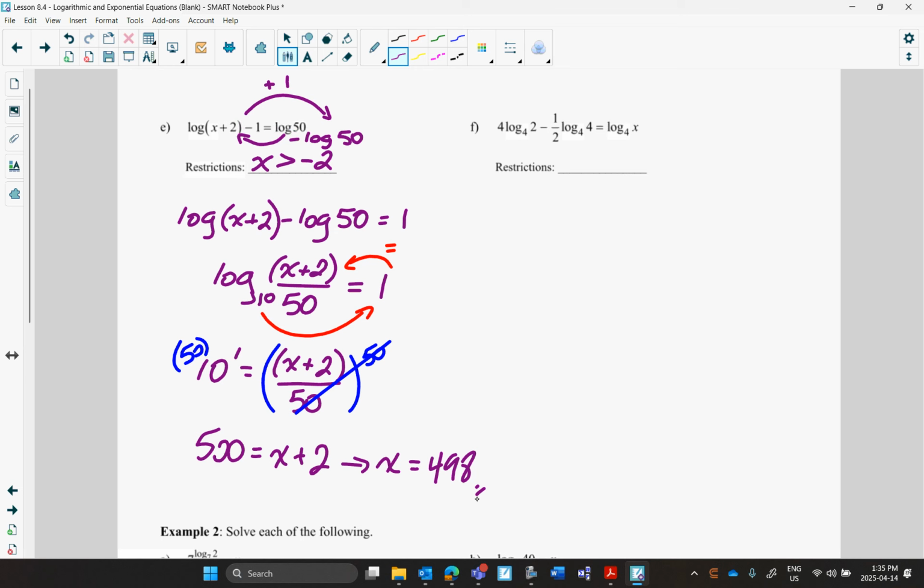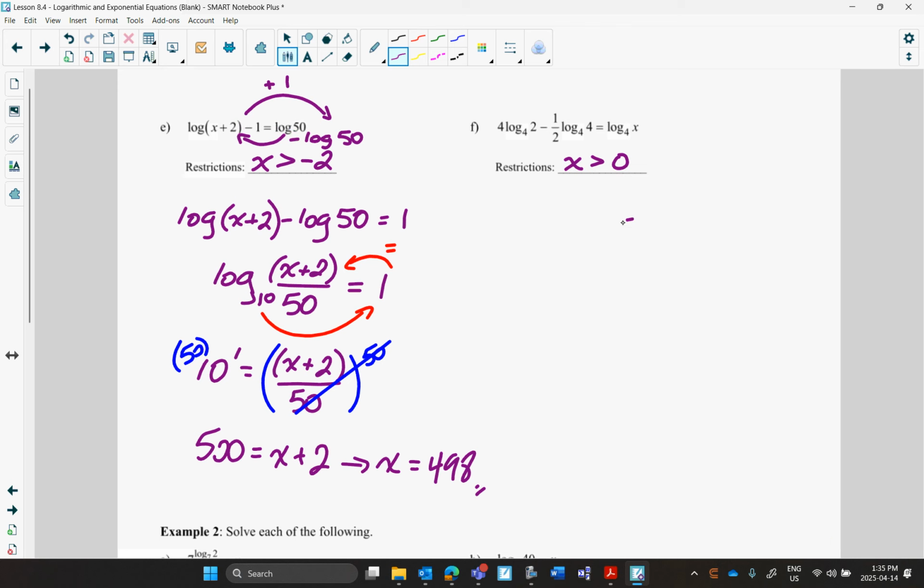And the last one of these examples, well, first of all, the restrictions: there's only one variable over here, so x must be greater than 0. It's an equation where there's all logs. So if I can get a single log on the left and a single log on the right, go from there.